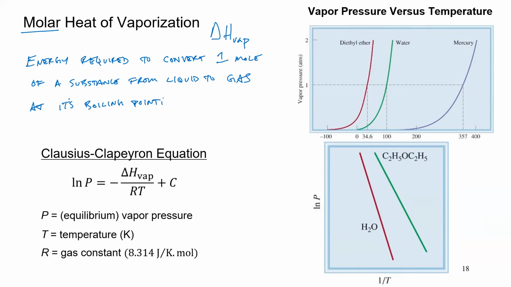So it has to be at that temperature. It's not just sitting out at room temperature. How much energy does it take? It's the energy required at the boiling point.